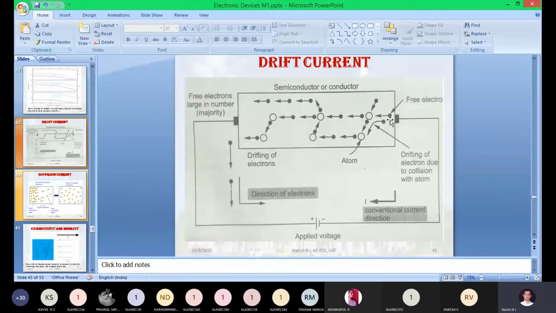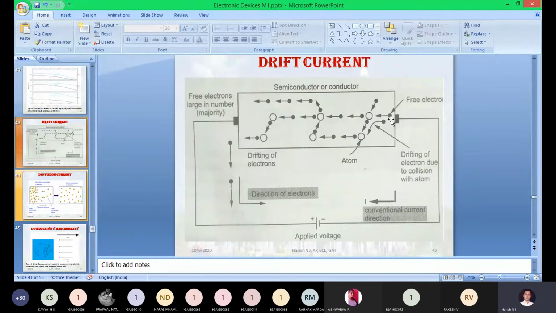While moving to the positive terminal, an electron will collide with an atom, or with a defect state present in the piece of semiconducting material. When the electron collides with an atom, what happens to its kinetic energy?